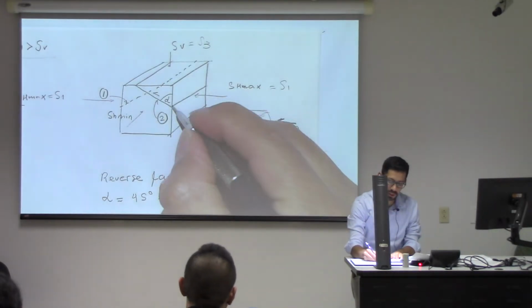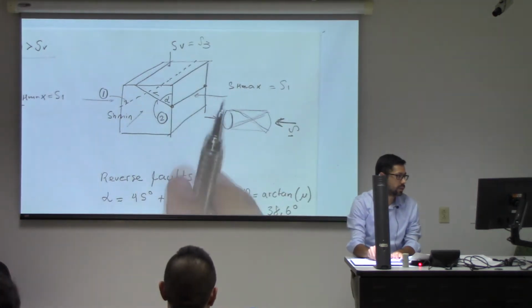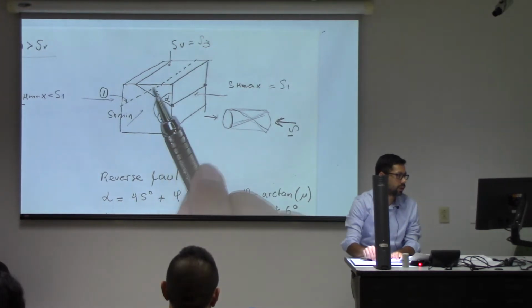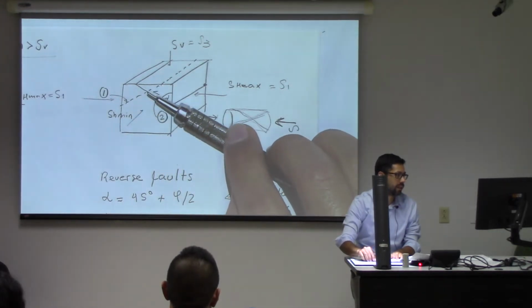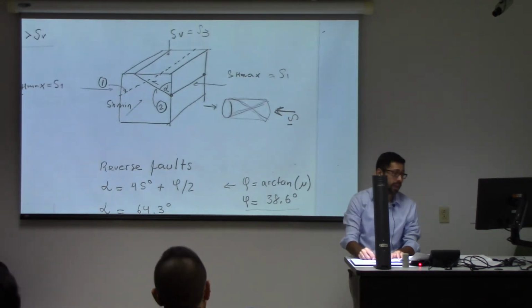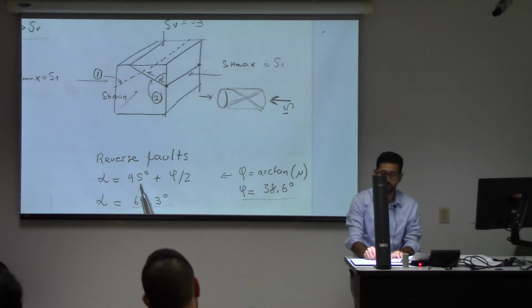Imagine that you have a hinge in here. So this is always a hinge. It goes from here, that will be an angle equal to 0, towards the plane of S3. That angle alpha, or beta, we call beta 2 in some of our notes. It's going to be always this: 45 degrees plus friction angle divided by 2.